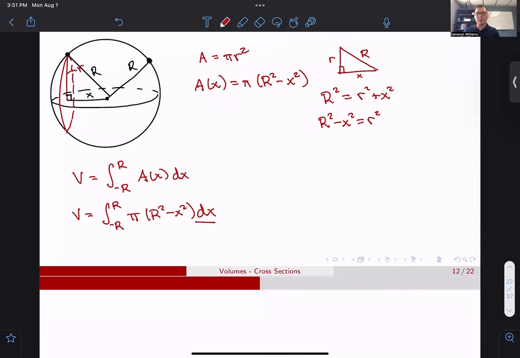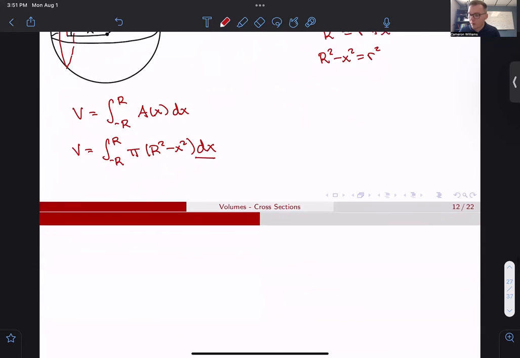So when you do your integral, it's not going to be 1/3 big R cubed. It's a constant, so we're going to get R squared x. One thing I like to do is move my constants out front. So I'm going to move my pi out front before I evaluate. You don't have to do that, but I like to do that.